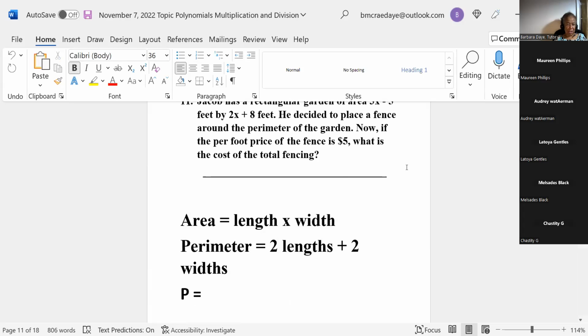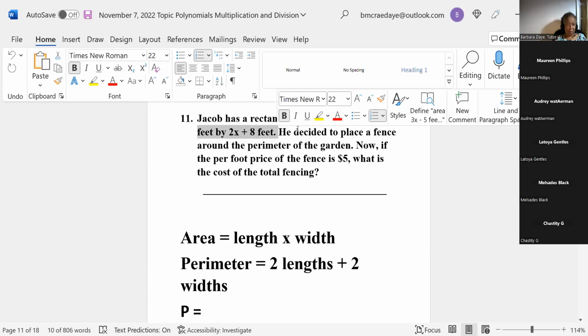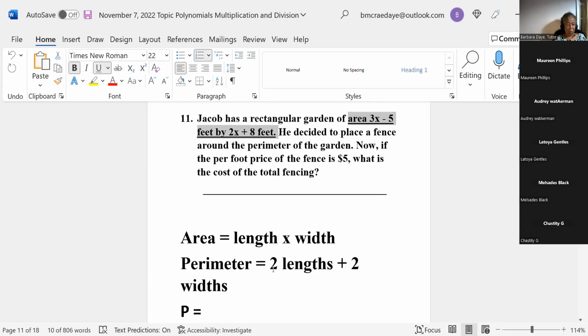You could take either one of these for length, right? Either one, because the area is the whole thing. One of those is length and one is width. So which one do you want to take as the length, Audrey? The 2x plus the 8. You want to take that for your length?